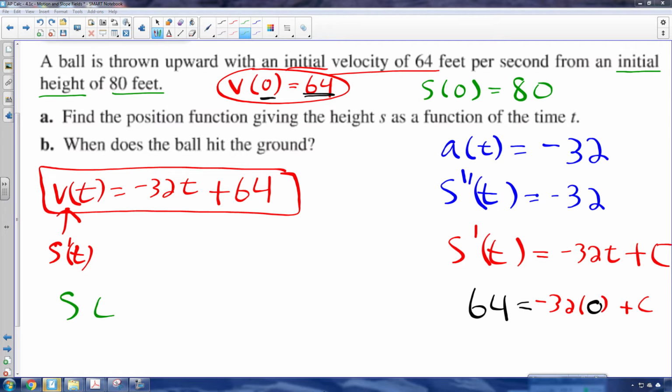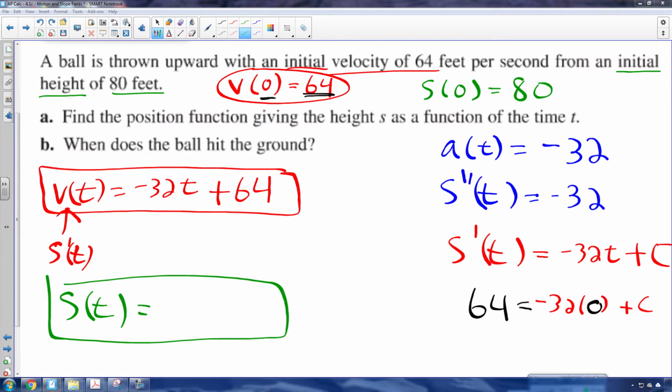So now we know that the position at time t is equal to, if we antiderive this, negative 16t squared plus 64t plus c. Hopefully that's comfortable for you, antideriving the red to get the green. We have some green information there, which says that when the time is 0, the position is 80. So if we plug in a 0 there, the constant's just going to be 80.